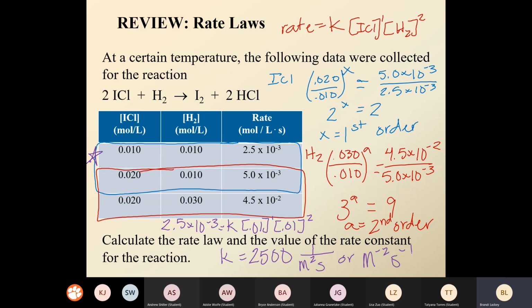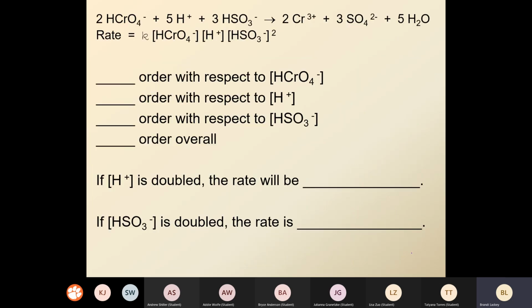Looking at another way that these may be asked, I'm going to go up a slide real fast. It could be something where it gives you the reaction in the rate law and asks you to describe it, asks you what's going to happen. Given the rate law, it wants to know the order with respect to the hydrogen chromate.